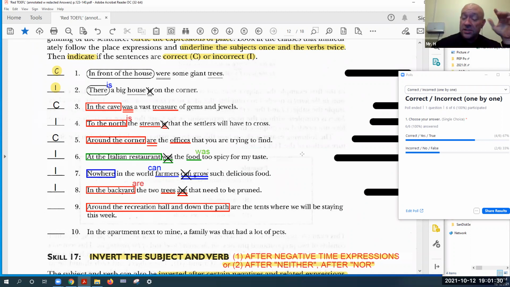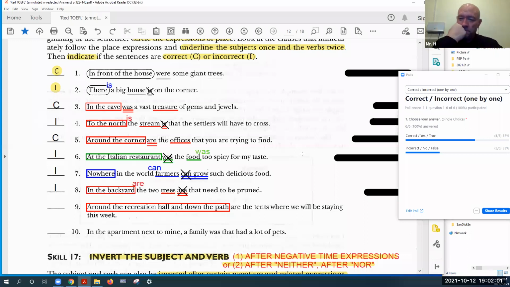This is a necessary expression, and a parallel structure. Remember, we have the recreation hall. This is an object. Then conjunction and down the path. So we actually have two prepositional phrases. We have around the recreational hall and down the path.